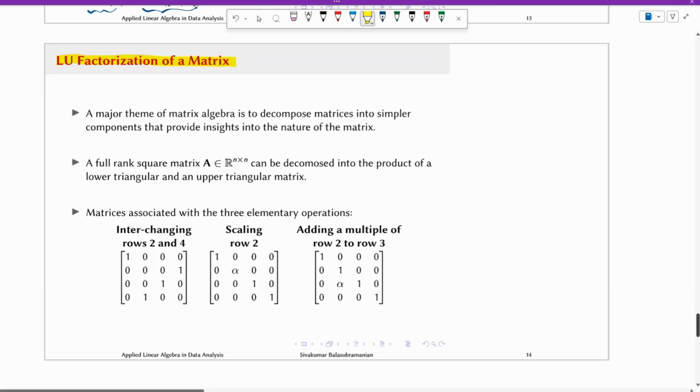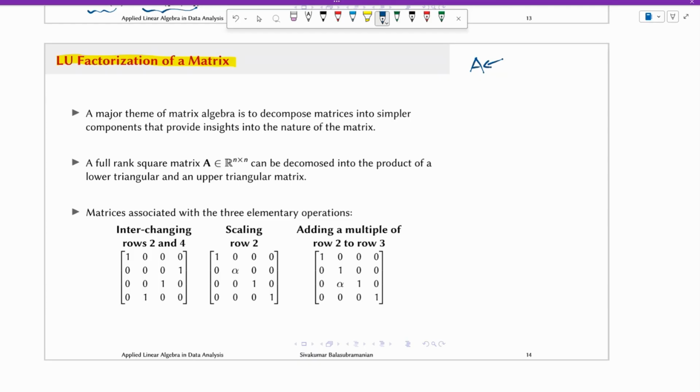And one of the major themes in linear algebra is that matrices play an important role. One way to understand what a matrix does, or its properties, is of course knowing the four fundamental subspaces. In addition to that, writing a matrix A in terms of other simpler matrices which have specific structures tells us something about the matrix itself.